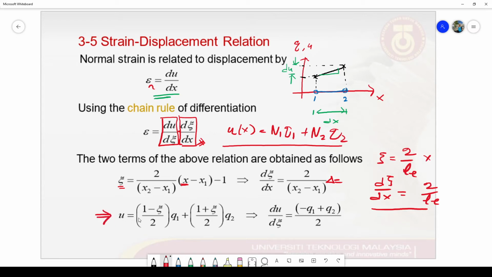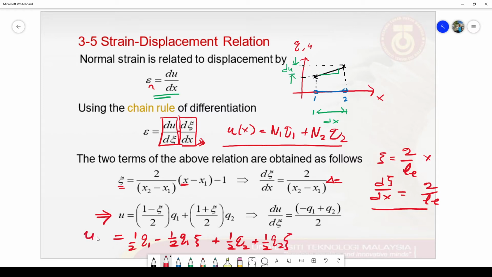If we expand this, then we will get 1 over 2 q1, minus 1 over 2 q1 multiplied by z, plus 1 over 2 q2, plus 1 over 2 q2 z.